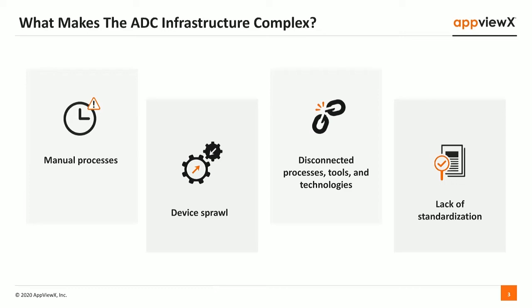So, what makes the infrastructure complex? Why is it so complicated? Typically, when configuring an F5, there are so many different ways that you can set it up. Traditionally, it's been a manual process. Some folks have automated it quite a bit, but it remains manual at large.